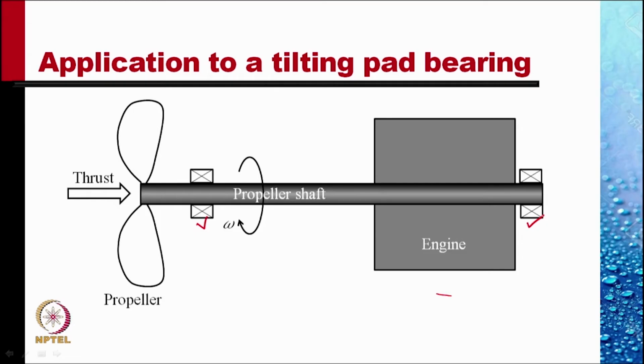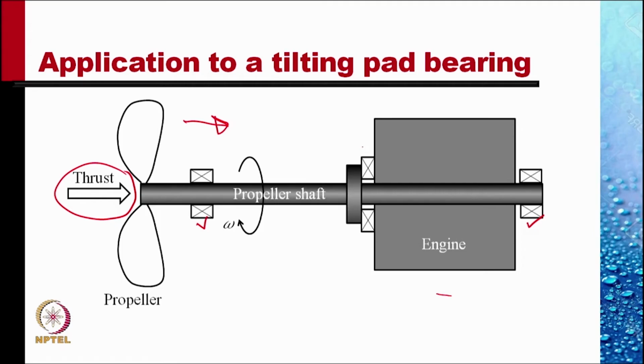But this propeller shaft would produce a thrust. Because of this thrust, the propeller shaft would be pushed back. And this would need a restraining device while the propeller is running.